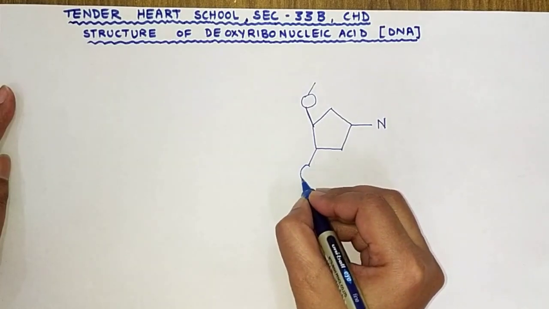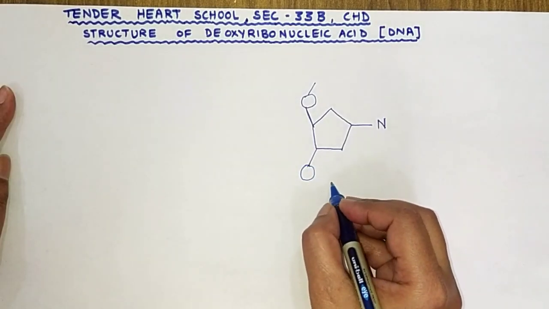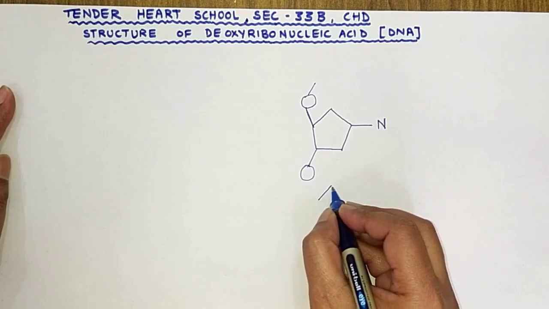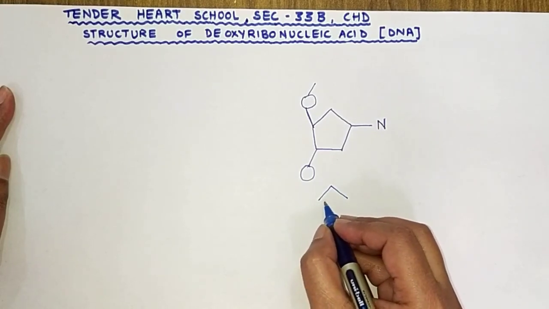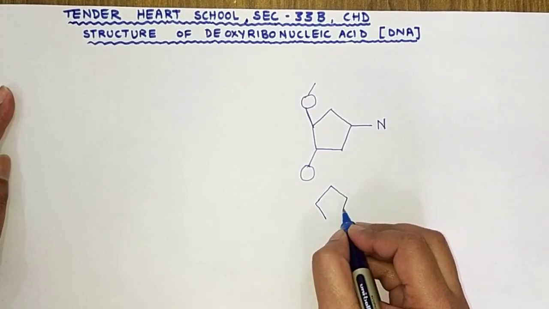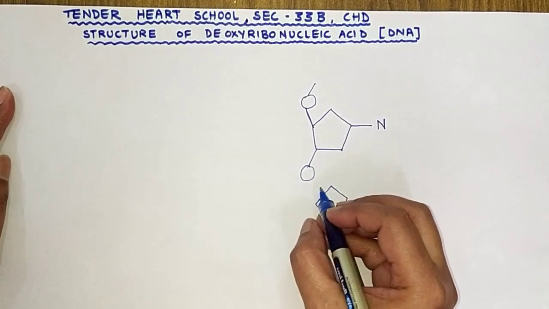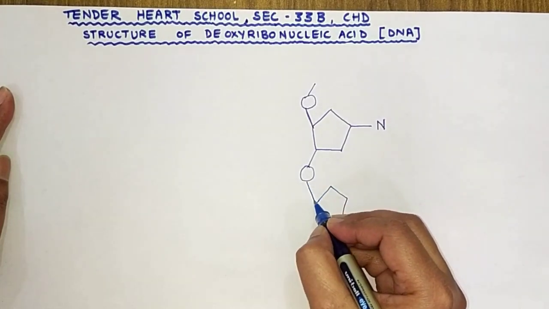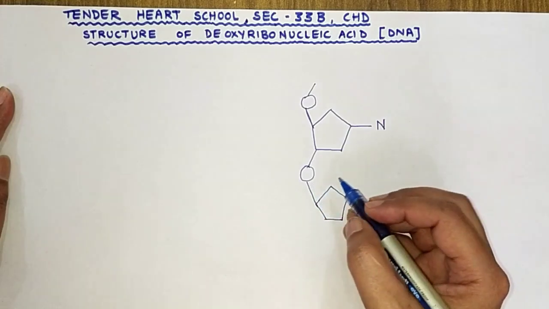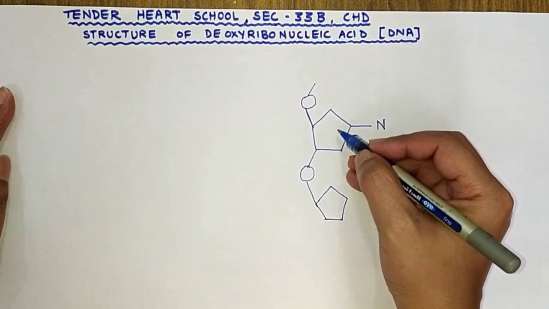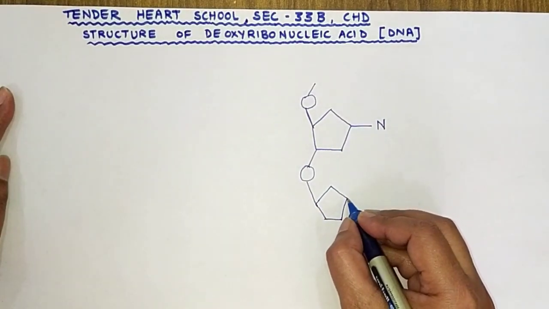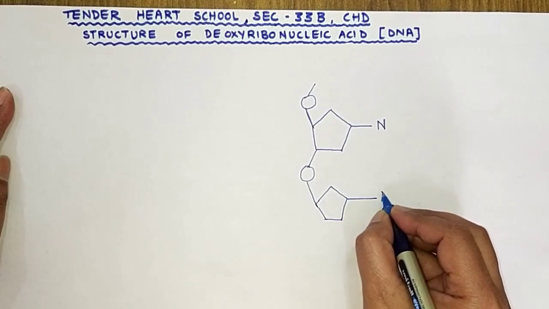So this is now the second nucleotide I am making. This is pentose sugar, right? This is phosphate group. Through the phosphate groups, one nucleotide is attached to the other nucleotide, and one nitrogen base.